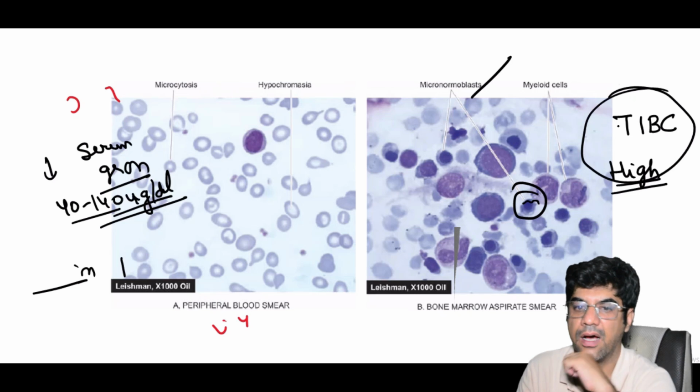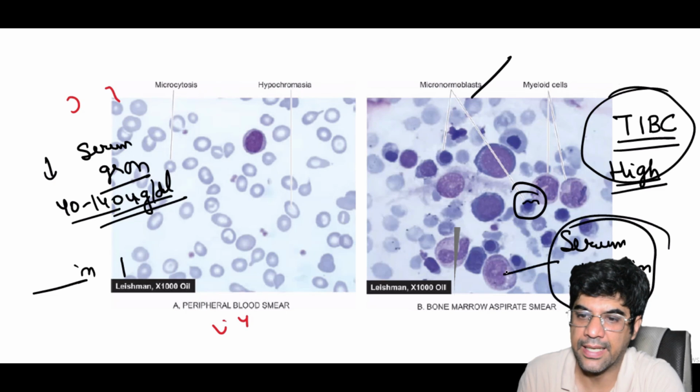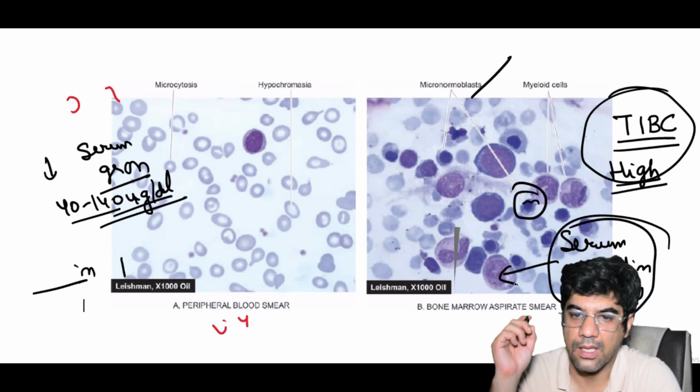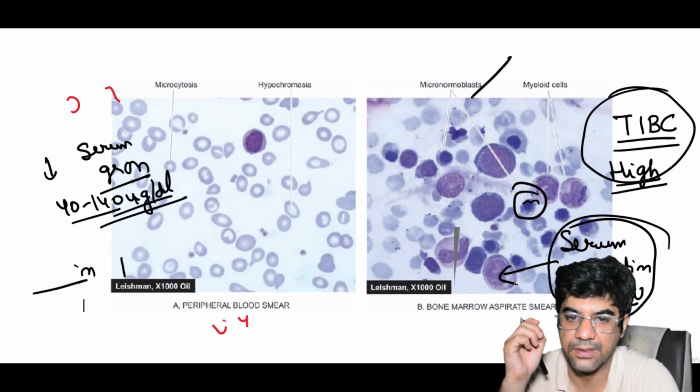Remember, in case of chronic anemia, this total iron binding capacity is decreased. The serum ferritin level is low, indicating poor tissue iron stores. The serum ferritin is raised in iron overload and it is normal in anemia of chronic diseases.